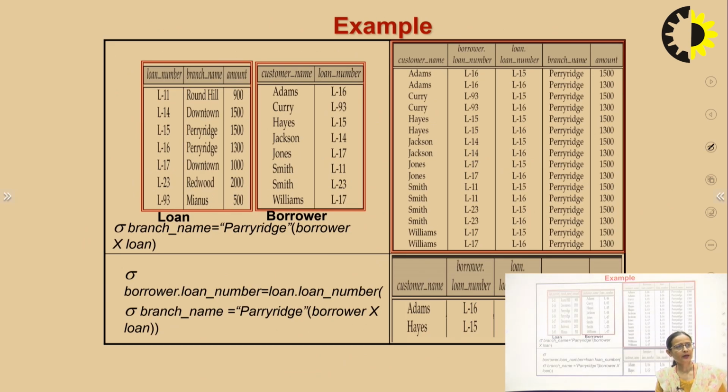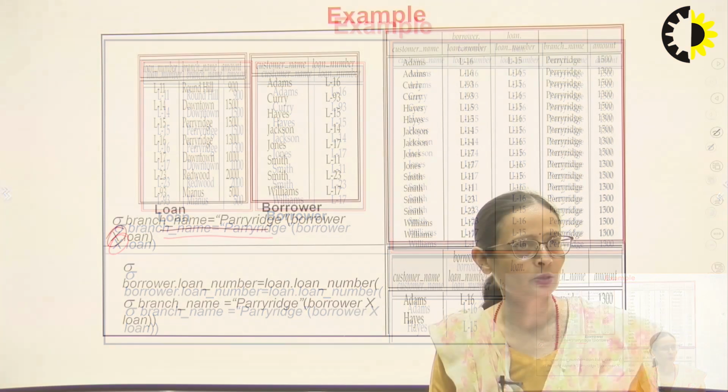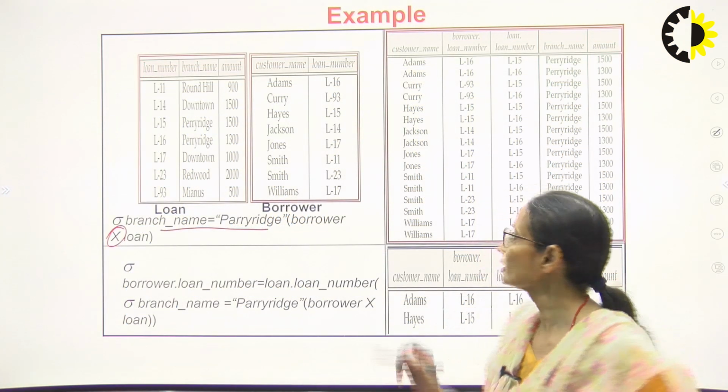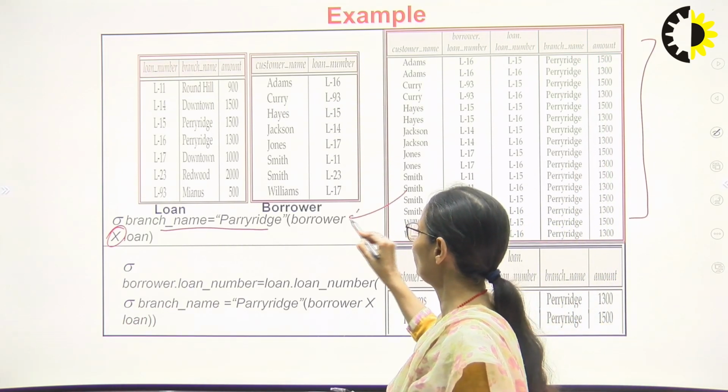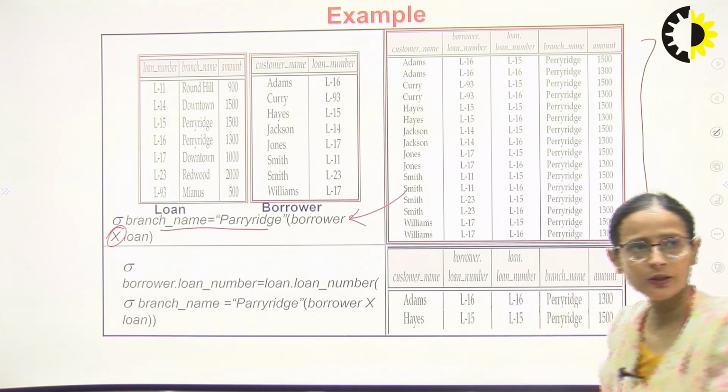So here we have two tables, loan and borrower. In the first table, we have only created the cross product, and we have extracted the information only where the branch name is equal to Pararidge. This is the input and output of this particular relation.